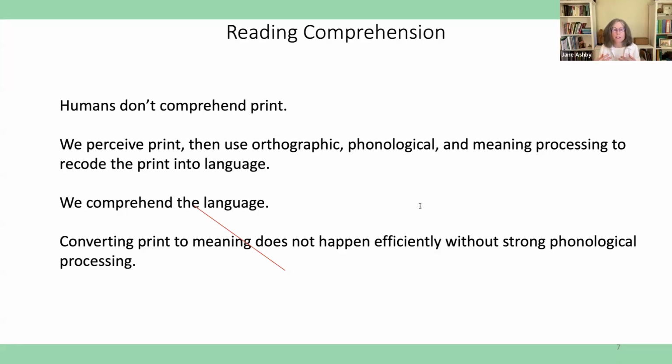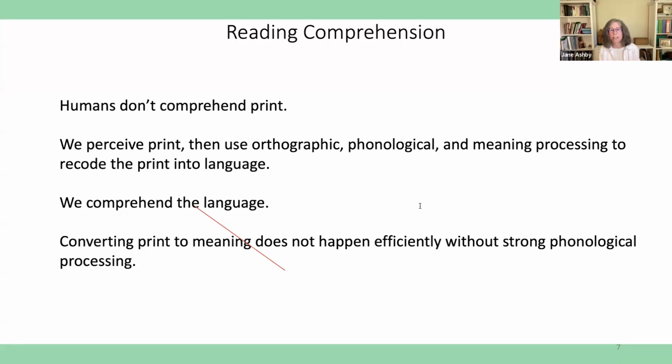So what we're doing is we're taking the print off the page and we're recoding that print into language. And it's the language that we comprehend. It's the language that we get the meaning from. So converting print to meaning efficiently is so important. And that can't happen without strong phonological processing.